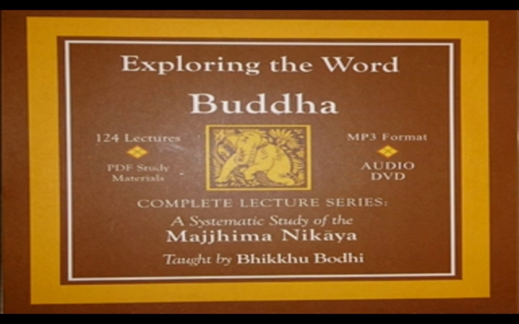This is called the raga anusaya. I think the word lust suggests too much exclusively sexual craving or sexual desire, which is not the case here, but it's any kind of craving.